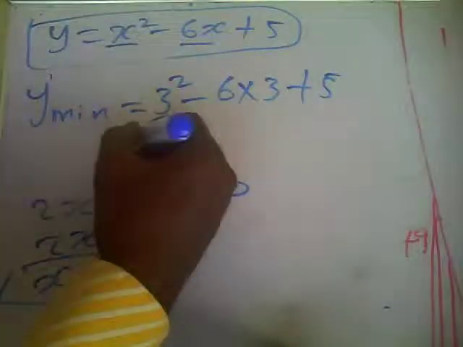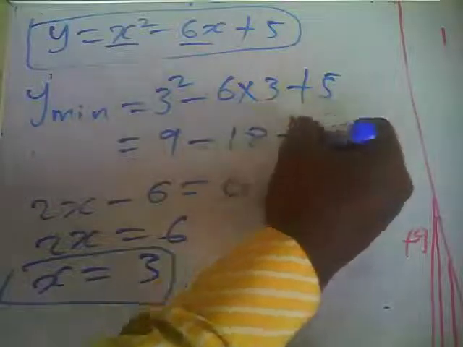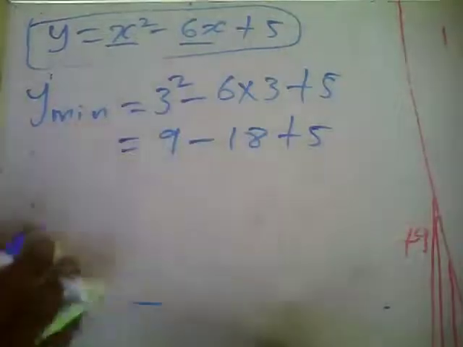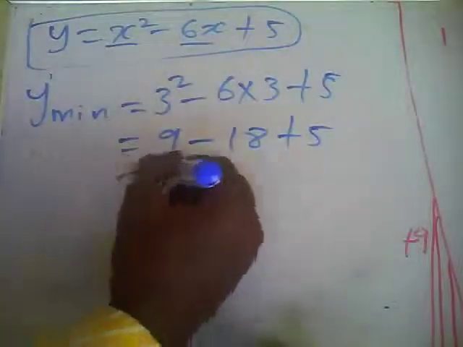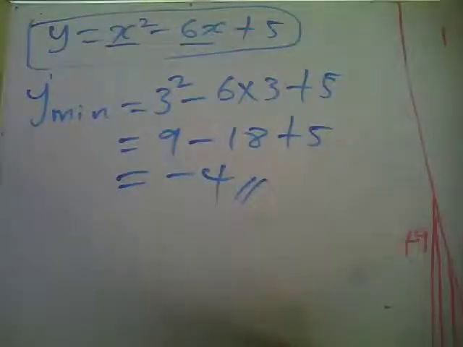So we have 9 minus 18 plus 5. Our answer is minus 4. So the minimum value of the function is minus 4. Alright, so that is it.